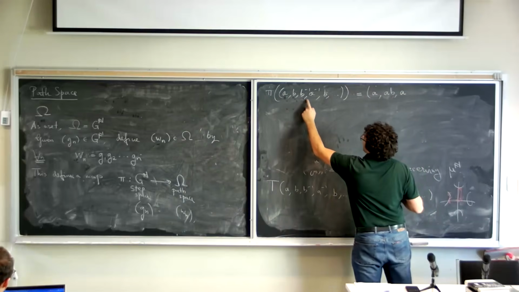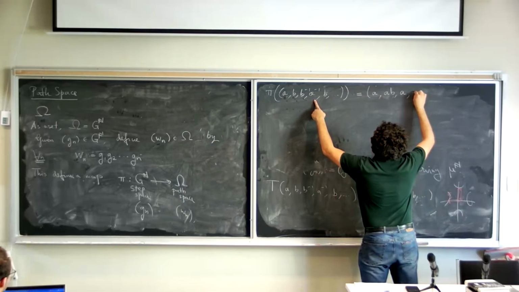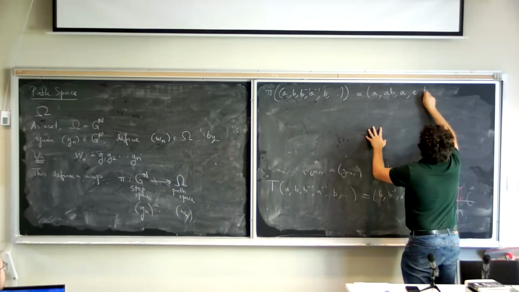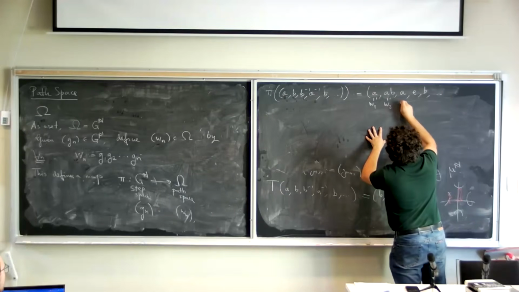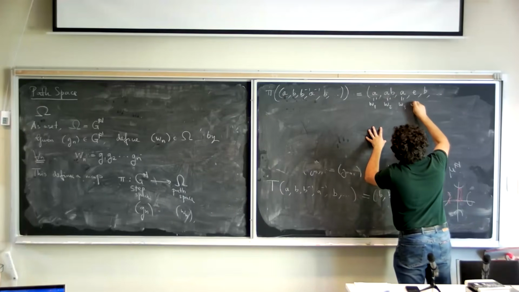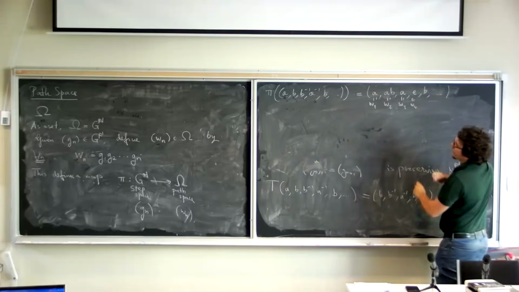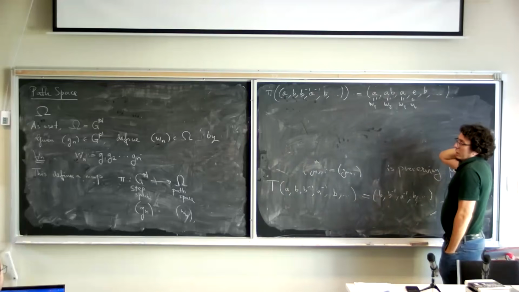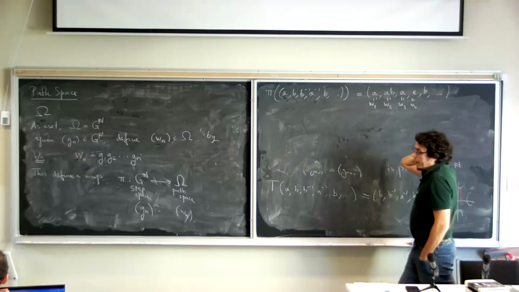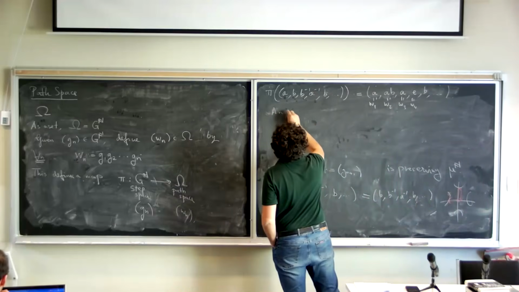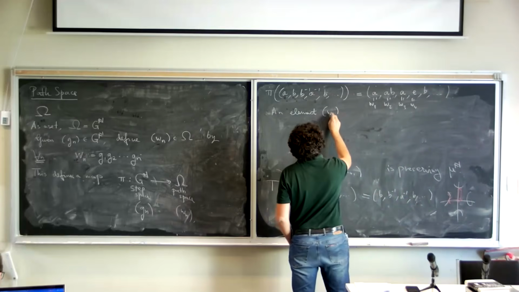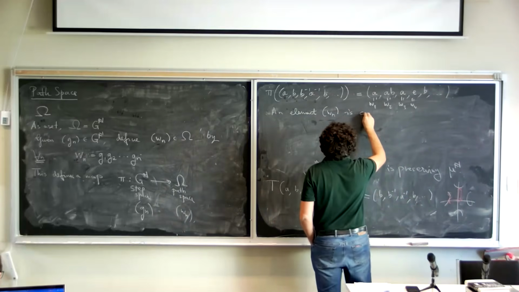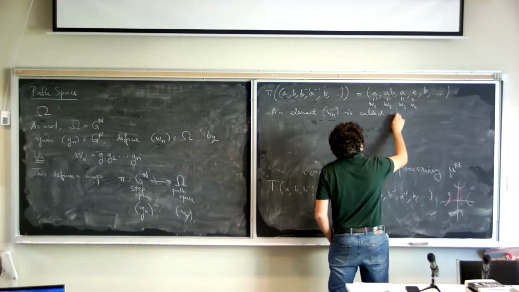And then AB, blah, blah, blah, so this would be identity, and then it's B. So this is W1, W2. An element Wn, so it's a sequence, is called a sample path.